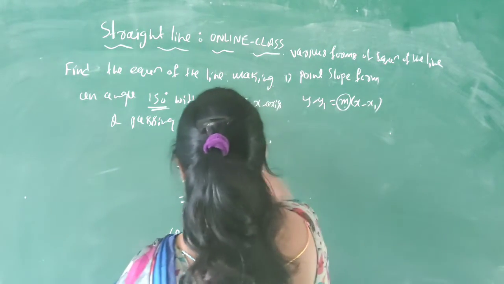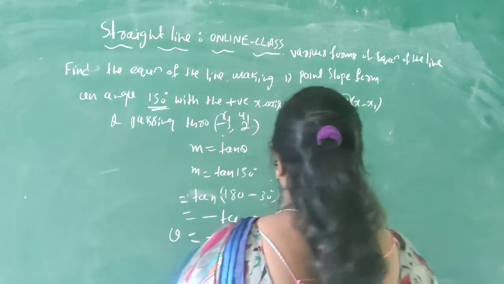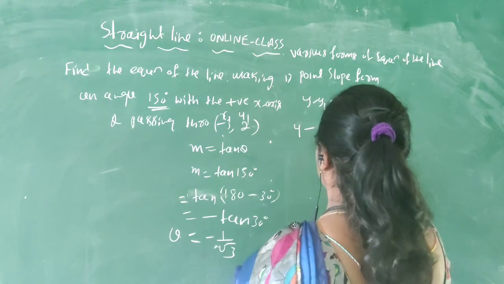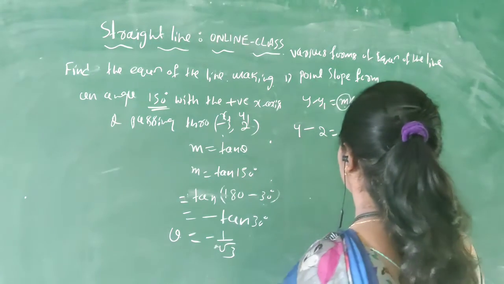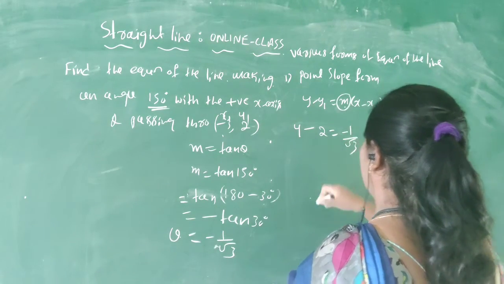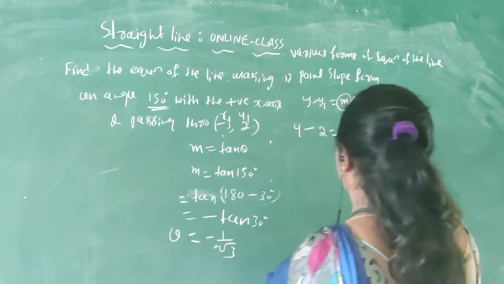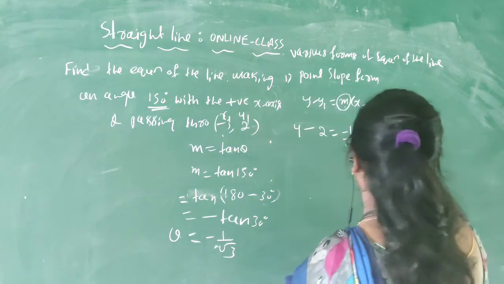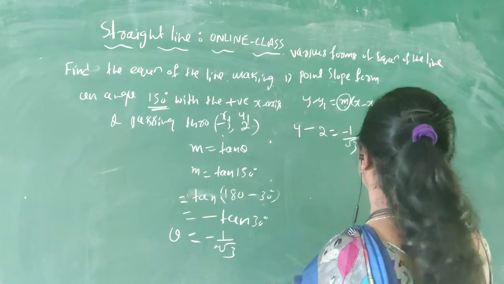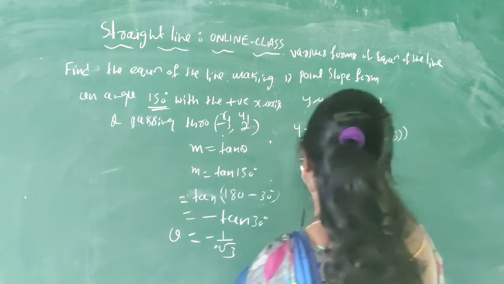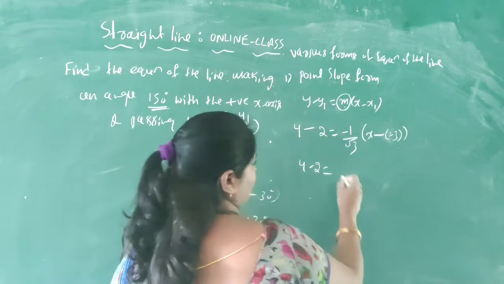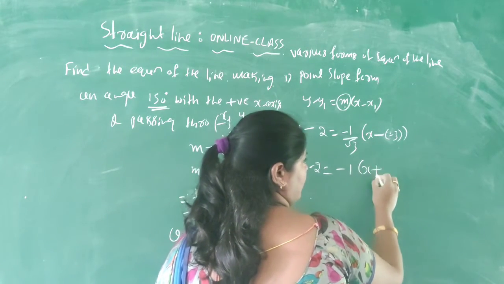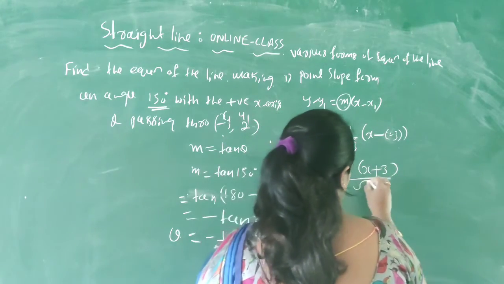So this is the point, x1, y1. y minus y1 is y minus 2. m is minus 1 by root 3, and x minus x1 is x minus of minus 3, so x1 is minus 3. So y minus 2 is equal to minus 1 by root 3 of x plus 3, since minus into minus is plus.